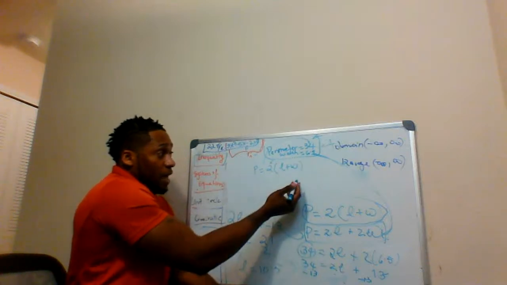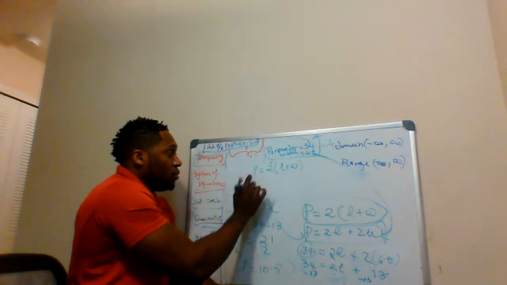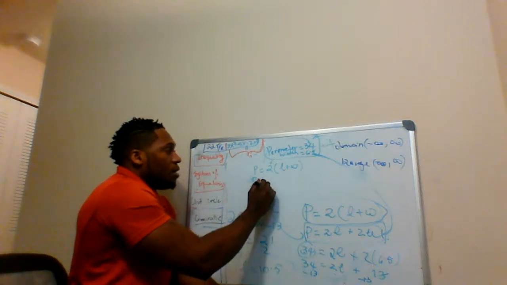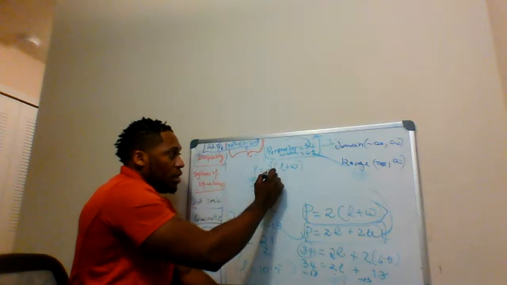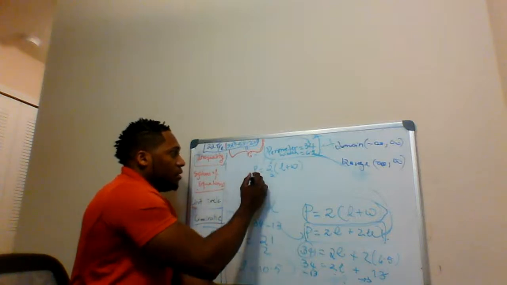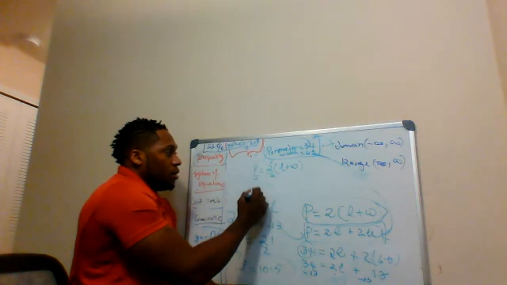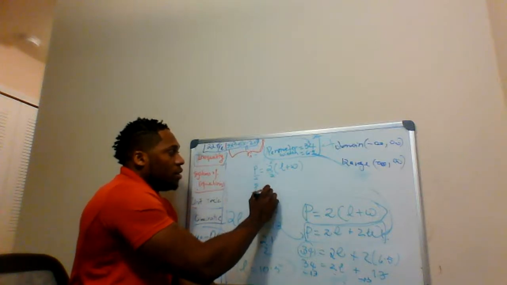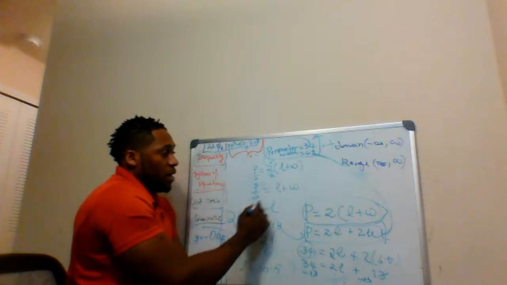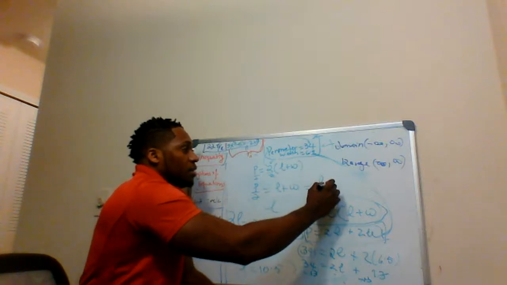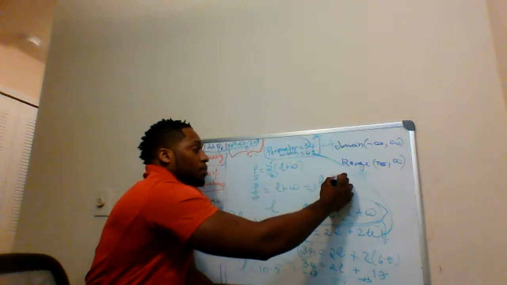So I divide both sides by 2. P over 2 is equal to, I divide this side by 2 too. That 2 is canceled, so P over 2 is equal to L plus width.